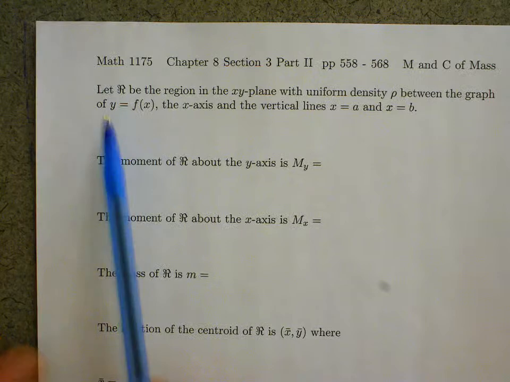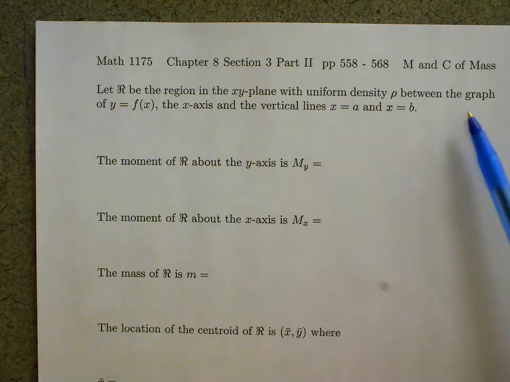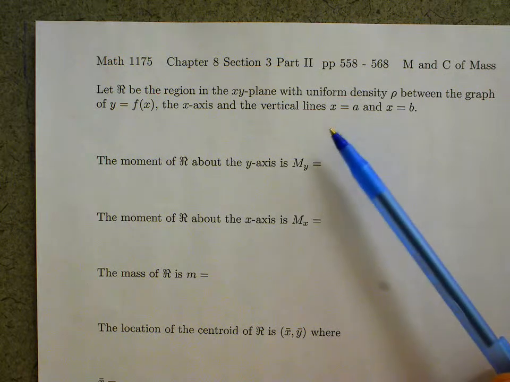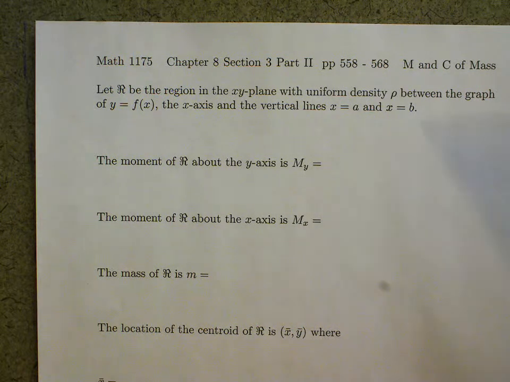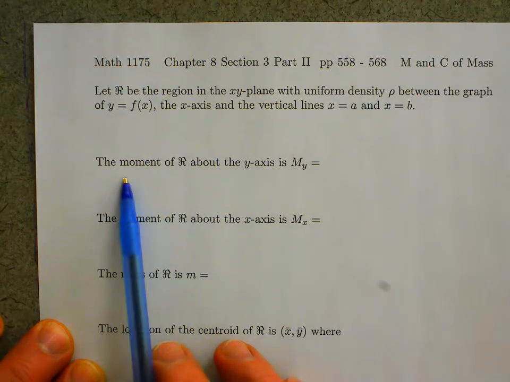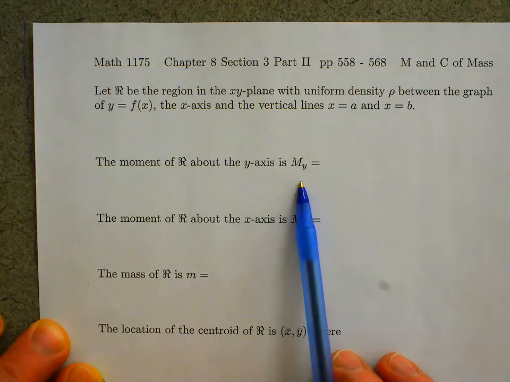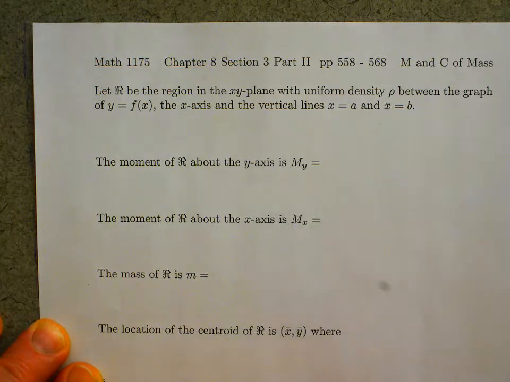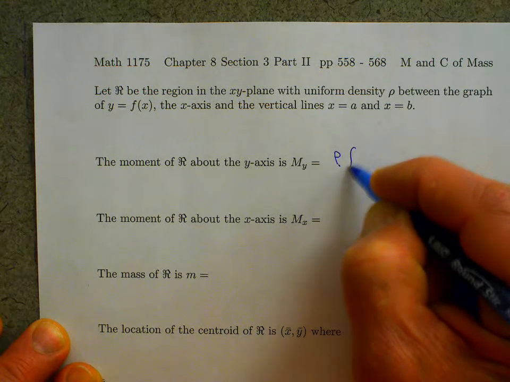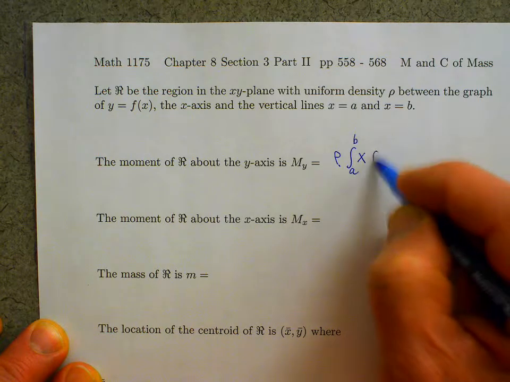So anyway, let R be the region in the xy plane with uniform density rho between the graph of y equals f of x, the x-axis, and the vertical lines x equals a and x equals b. Then we'll just write down the formulas. The moment of that region R about the y-axis is capital M sub y, and this is rho times the definite integral from a to b of x times f of x dx.